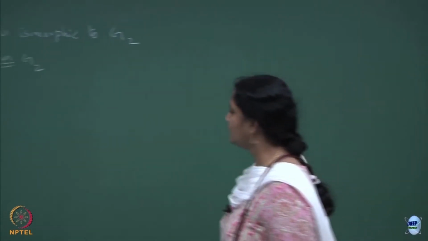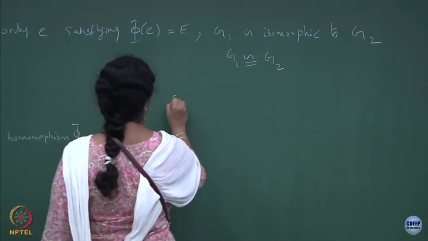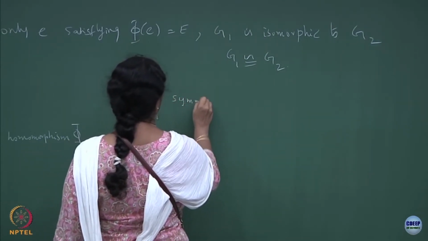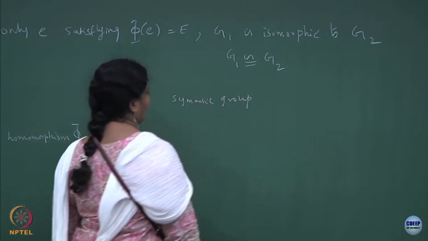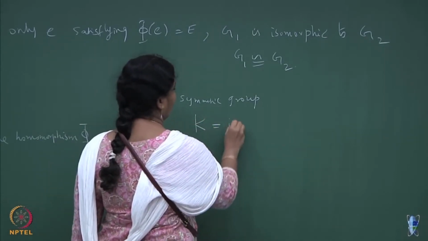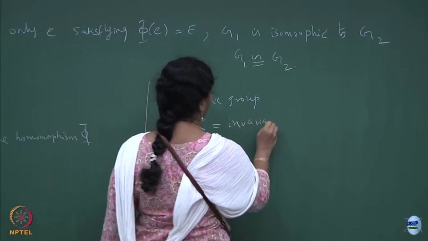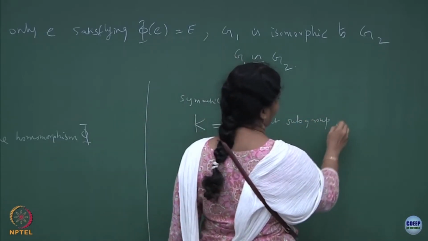Okay. And for this case, we tried to look at a simple example which was symmetric group, where I took the K, which is an invariant subgroup or a normal subgroup.